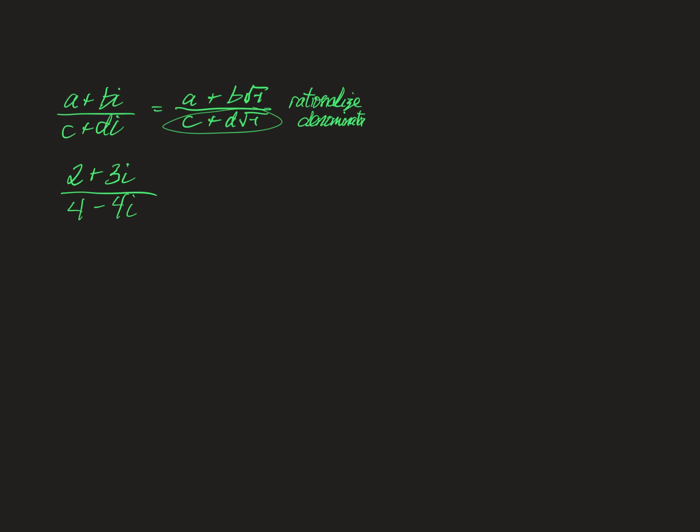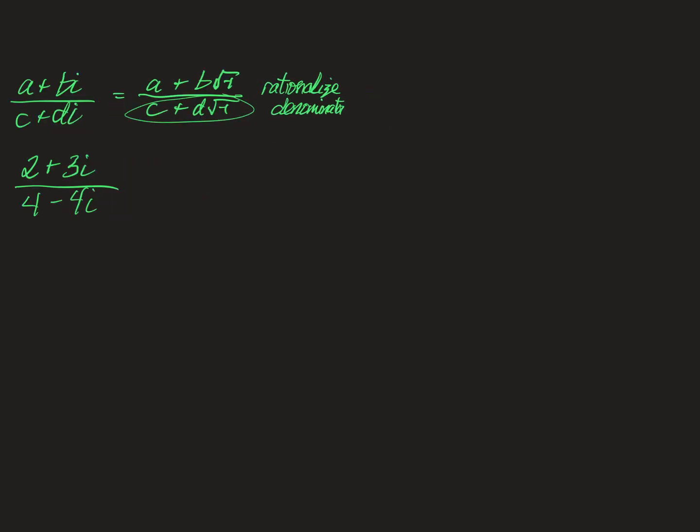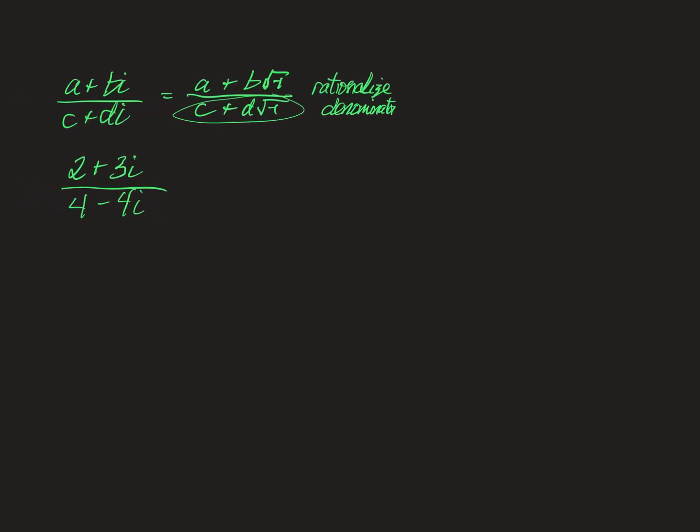If you remember, if I had something like 8 over 3 plus the square root of 2, how do we get rid of the square root in the denominator in this case?